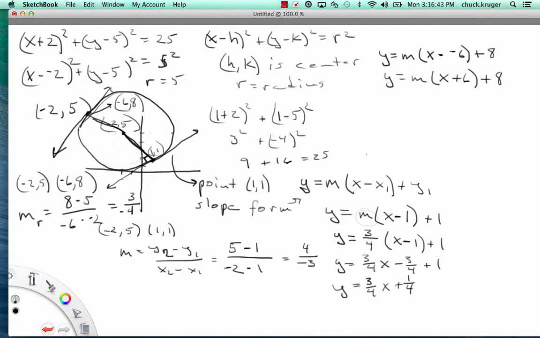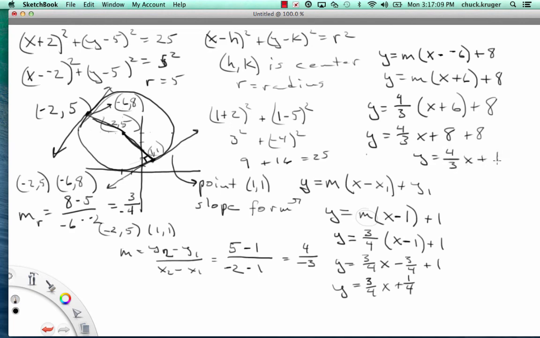Yeah, no, that seems to be correct. And so the slope that I'm going to use, the negative reciprocal, is positive 4/3, so y = 4/3(x + 6) + 8. Now you could stop there, but if they do ask you to get into slope-intercept form, I'd have to distribute this 4/3. If I do that here, I get 8 plus 8, and I get y = 4/3 x + 16. Recall that 4/3 times 6 is 8.